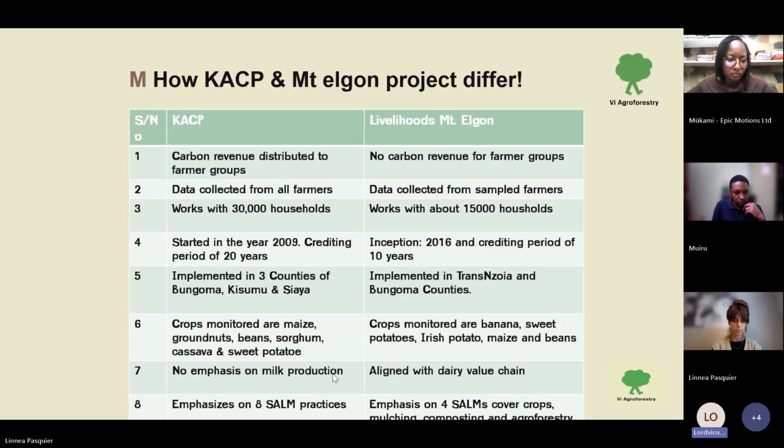That is cover crop, mulching, agroforestry, and composting. But for us, there are so many, around eight of them: cover crop, composting, agroforestry. We also follow up on soil and water conservation, tillage, and many others. In fact, almost everything. Yeah, we can move to the next slide.